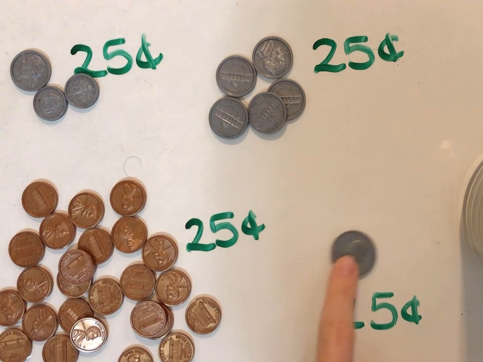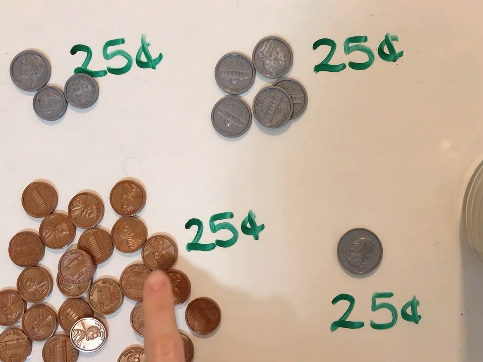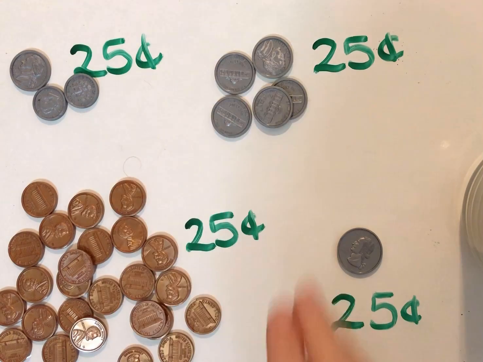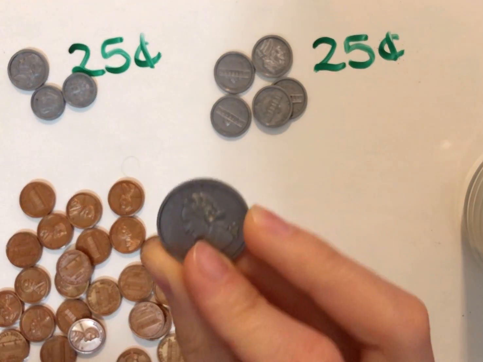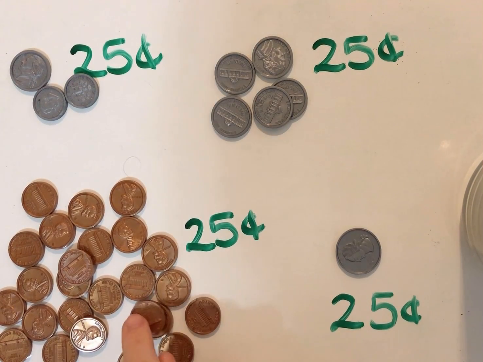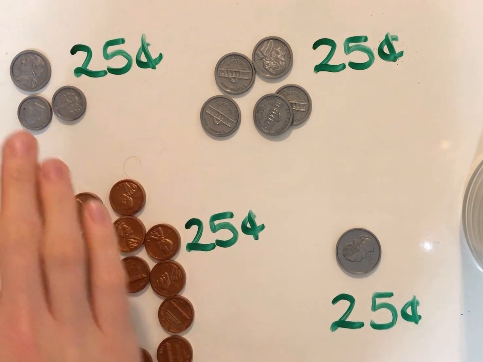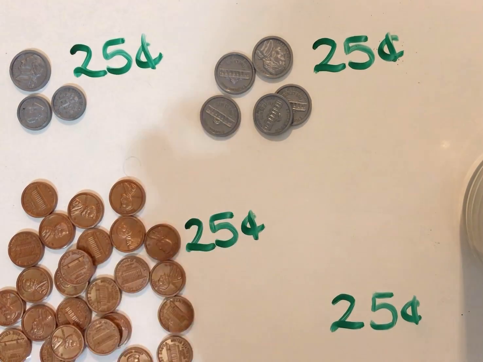Even though there's only one coin here, and there's 5 here, and there's 3 here, and there's 25 here, each of these piles is worth the same amount. And it also shows the importance of a quarter, because if we had to pay to get to 25 cents with this many pennies or even this many nickels or combining dimes and nickels, it would take a lot longer than just having one quarter.